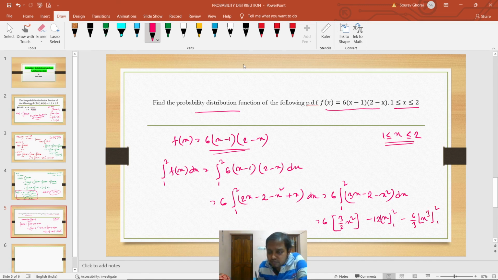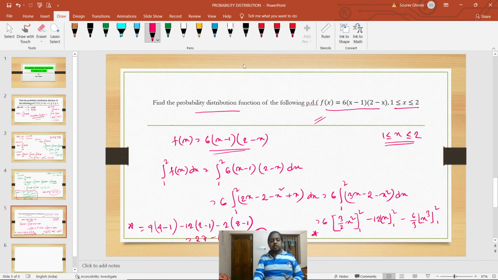If we simplify it, that is 9 into 4 minus 1 minus 12 into 2 minus 1 minus 2 into 8 minus 1, that is 27 minus 12 minus 14, which is equal to 1. So this is a probability density function.